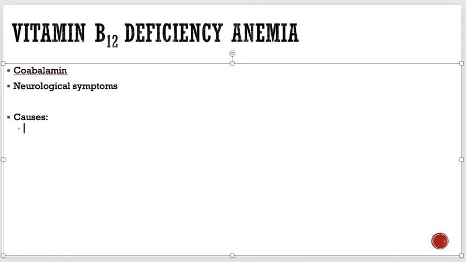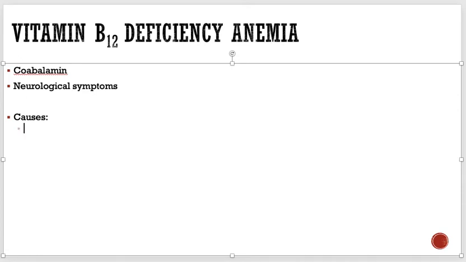There are many religions, for example, in which people are strictly vegetarian, so they don't eat any kind of meat or meat products, and they don't eat anything which comes from animals, even eggs.